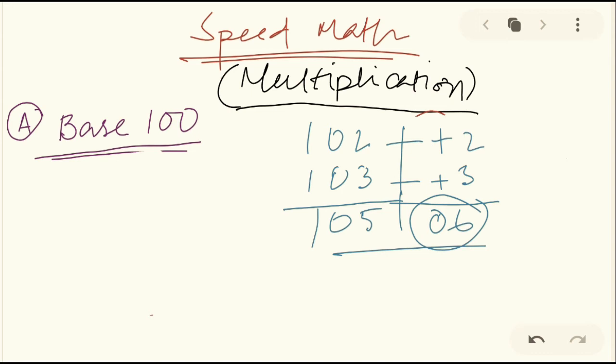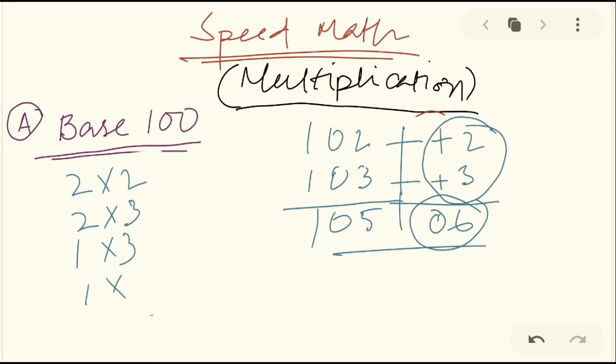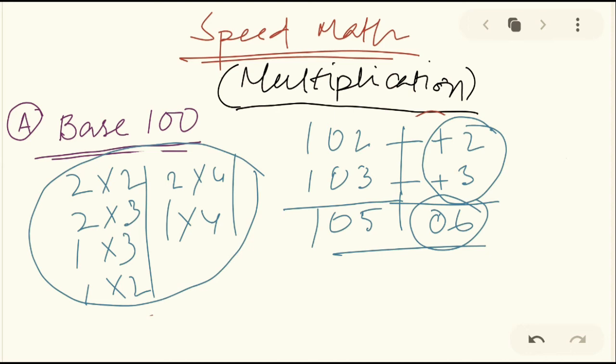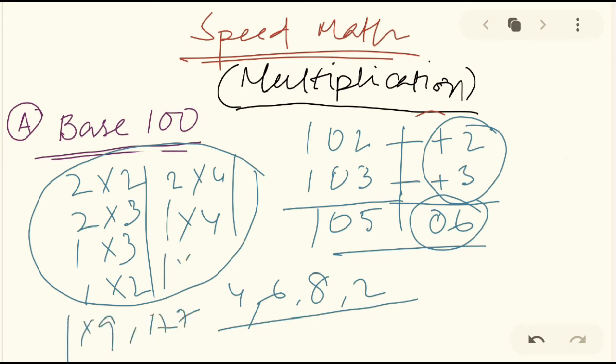If by any chance this multiplied value is like 2 cross 2, 2 cross 3, 1 cross 3, 1 cross 2, 2 cross 4, or 1 cross 4, in these cases we'll have a single digit like 4, 6, 8, 2, or 1 cross 9, or 1 cross 7, or 1 cross 5.